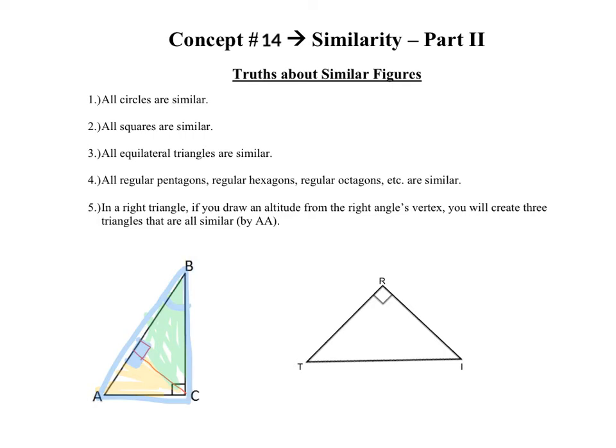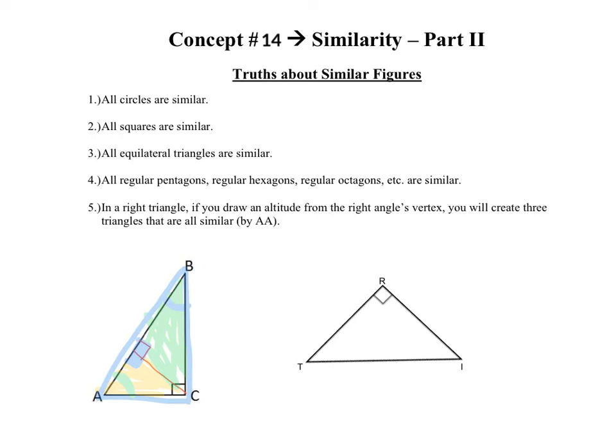So because of that, that's two angles in the green triangle and the big triangle. They each have a right angle and then they share angle B. And then we look at the yellow triangle and the big triangle, and each of those share angle A. So they have two angles that are the same as well. So the yellow triangle and the big triangle are similar because of AA.